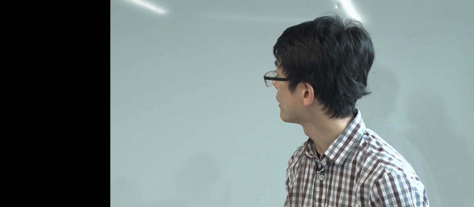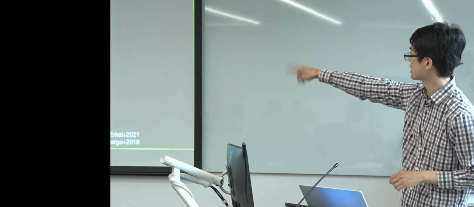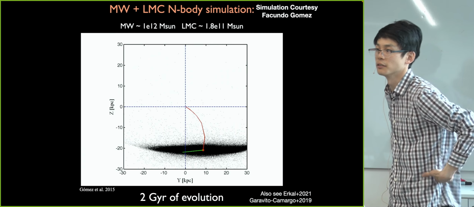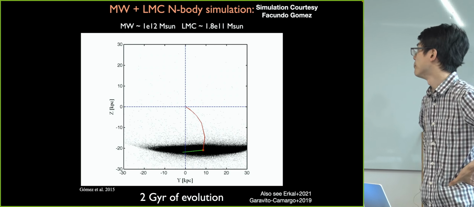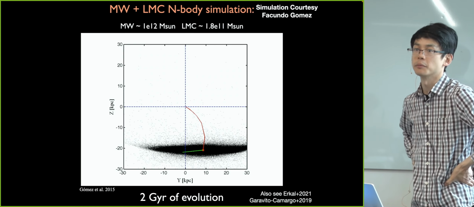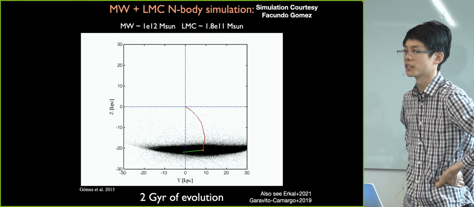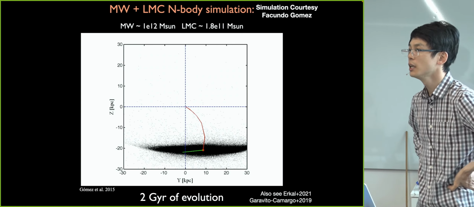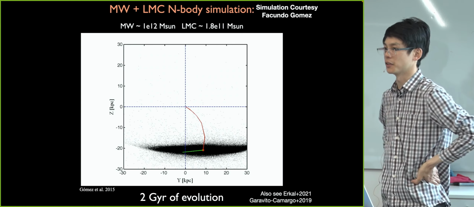Right, so naively, you would expect that if you have something this big coming by and moving you, potentially it would cause a small-scale perturbation to the vertical motions. I don't think at the current moment people think that it's that significant compared to something like Sagittarius, because the LMC doesn't actually hit the disk.